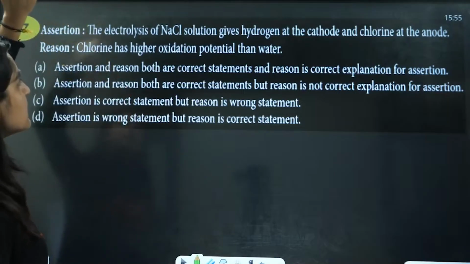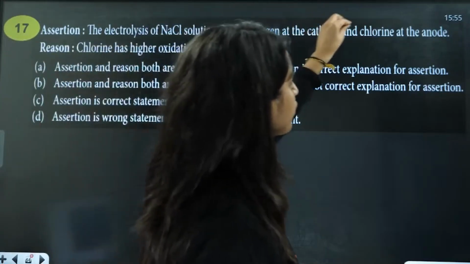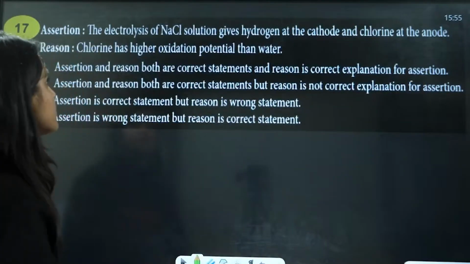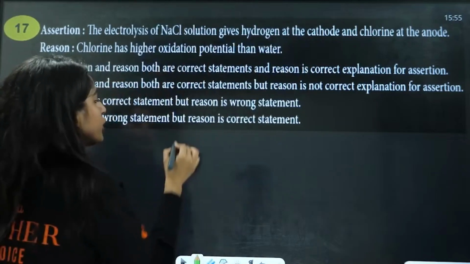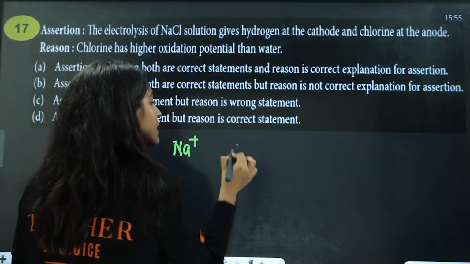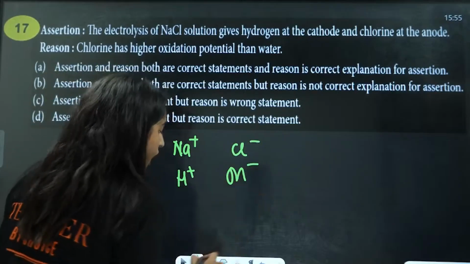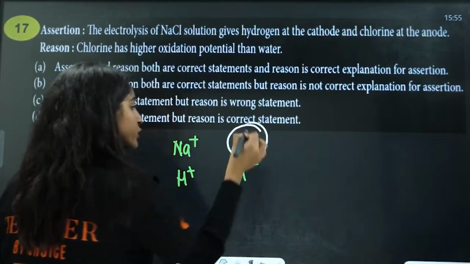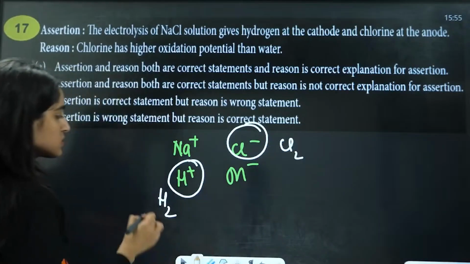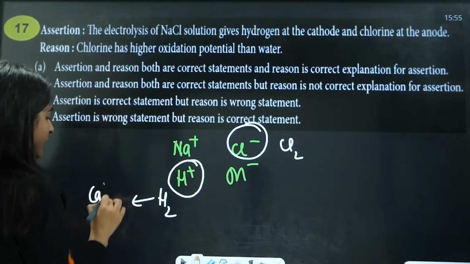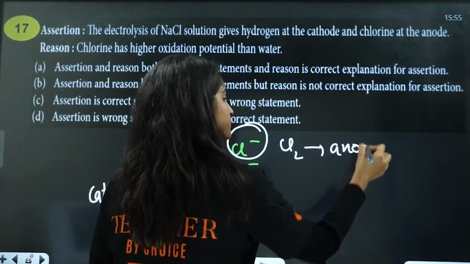Next is: electrolysis of NaCl solution gives hydrogen at the cathode and chlorine at the anode. You have Na positive, Cl negative, H positive and OH negative. Out of these, H positive is going to win at the cathode and Cl negative is going to win at the anode. It is going to give us H2 at cathode, and this is going to liberate chlorine at anode.